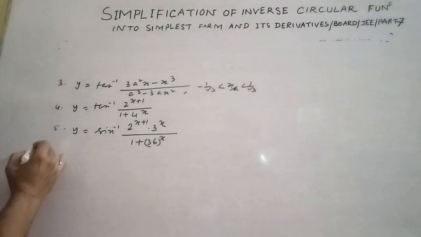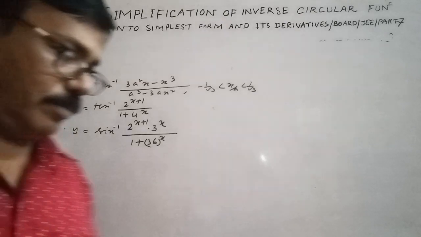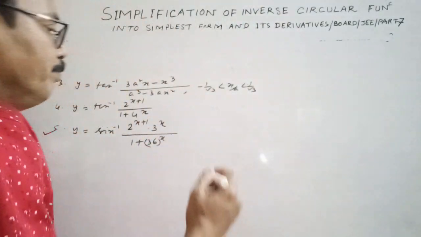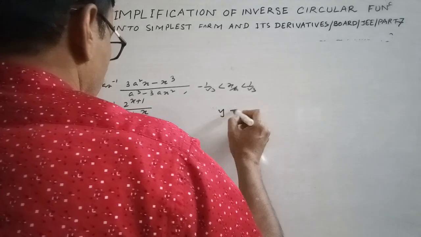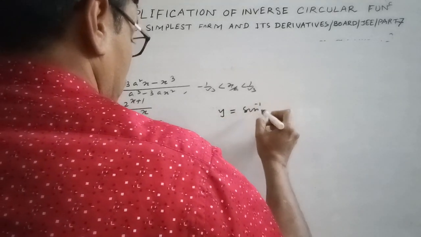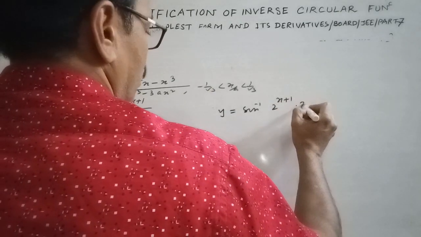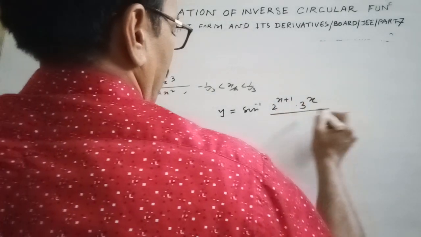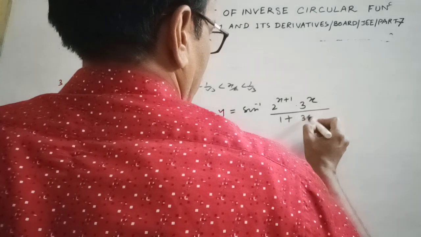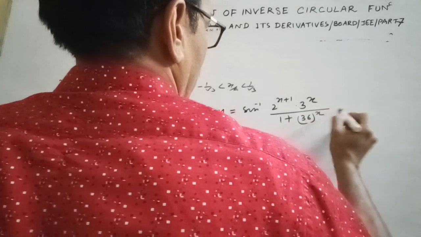Now problem number 5. Y equals to sin inverse of 2 to the power x plus 1 into 3 to the power x by 1 plus 36 to the power x.